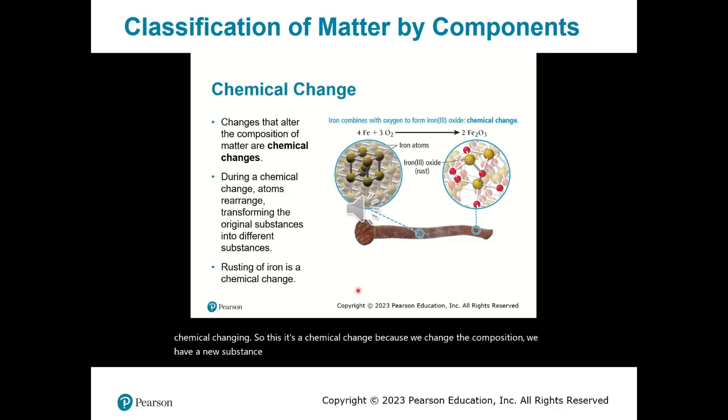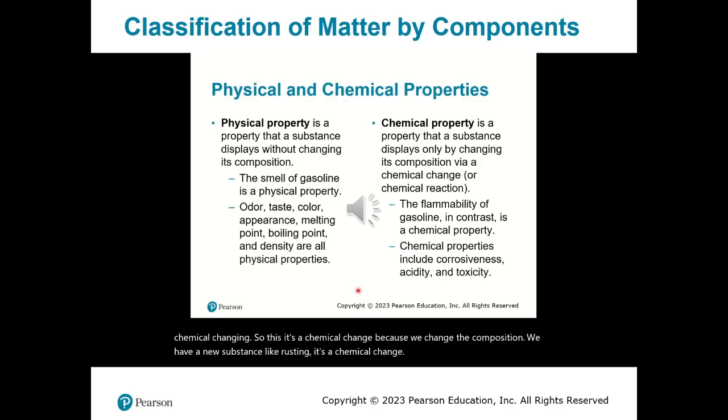It's a chemical change. And to understand what chemical and physical change are, you need to know what chemical and physical properties are, and the difference between those. A physical property is a property that a substance displays without changing its composition. For example, the smell of gasoline will always be there, not because it's changing chemically, it's just because that is the scent of the gasoline.